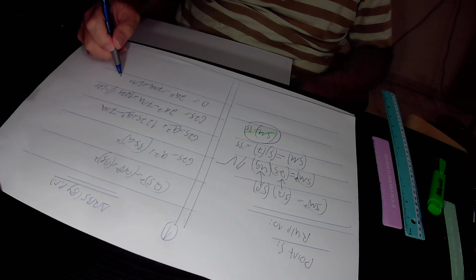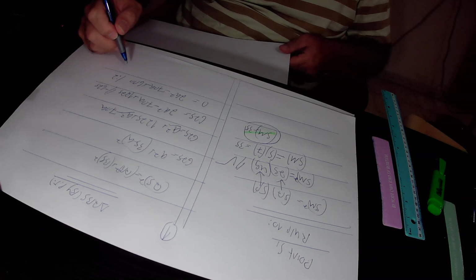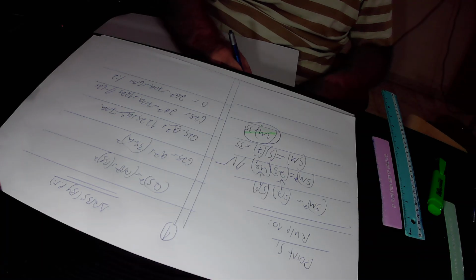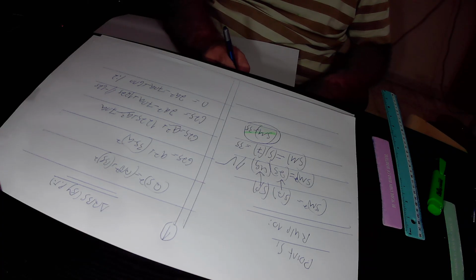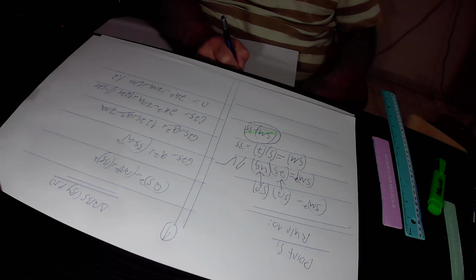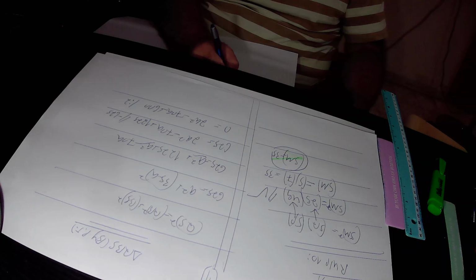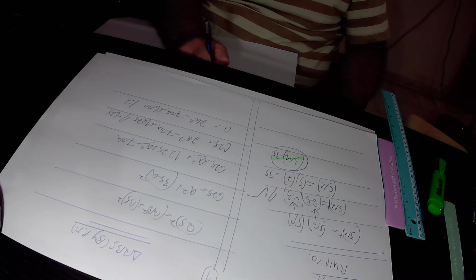Here we will divide this equation by 2, and we get that 2a squared over 2 is a squared, 70a over 2 is 35a, and 600 over 2 is 300. 0 over 2 is 0.